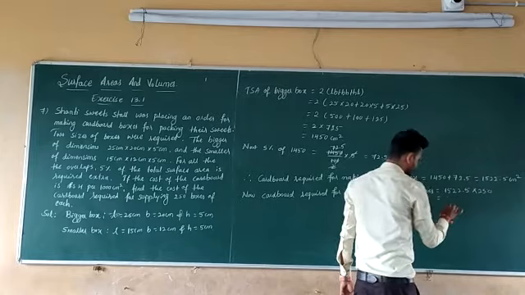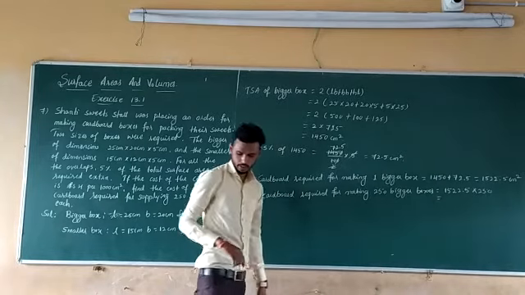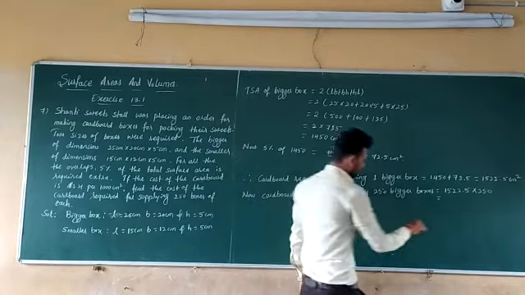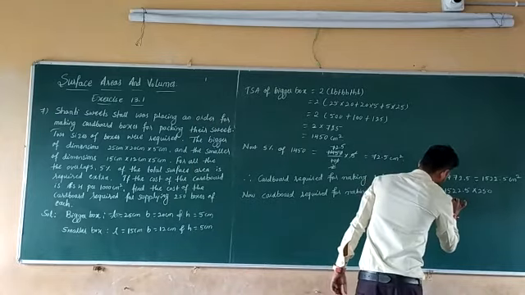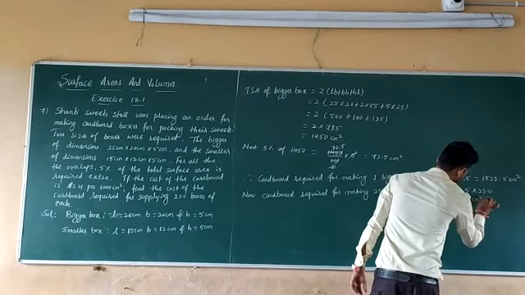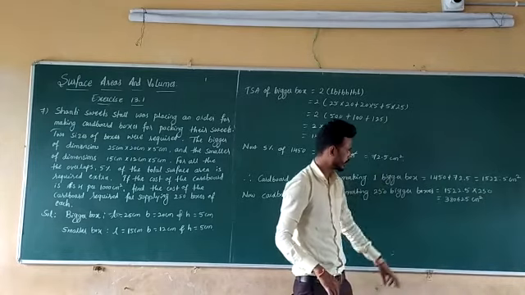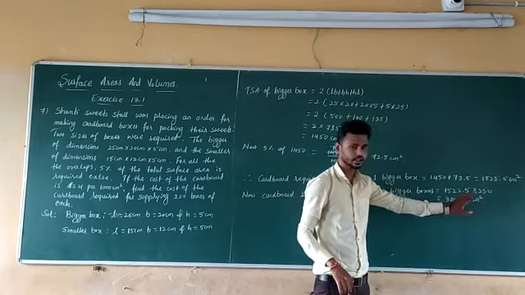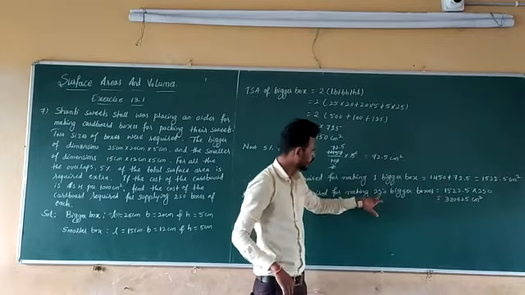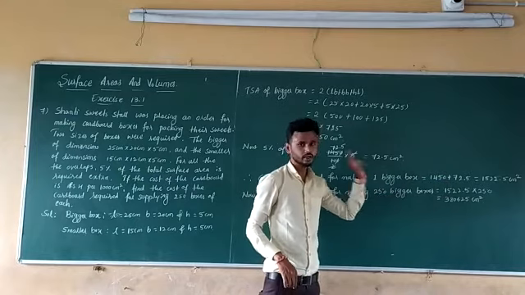So multiply those, you will get the answer as 380625 centimeter square. That is 3,80,625 centimeter square cardboard required for 250 bigger boxes.